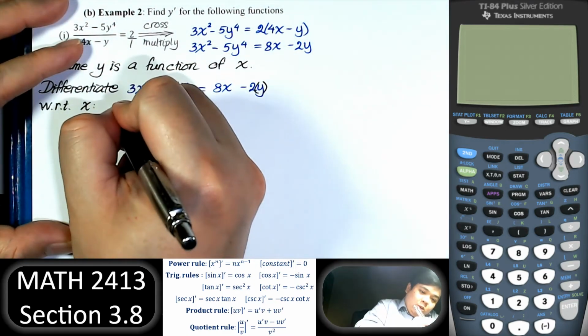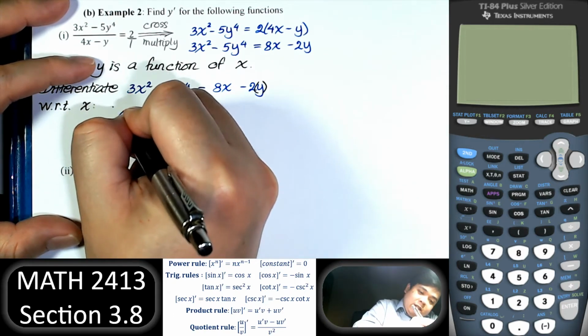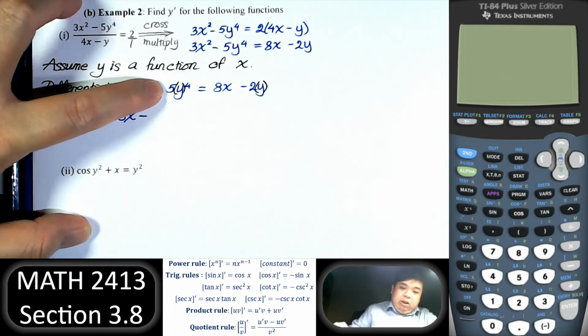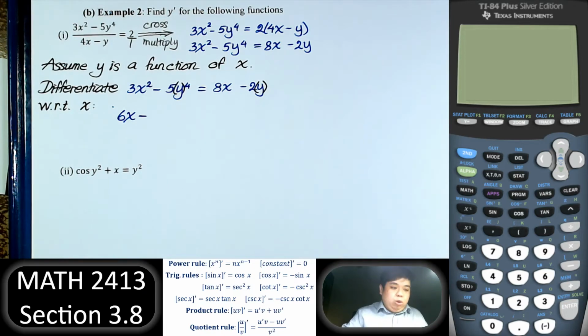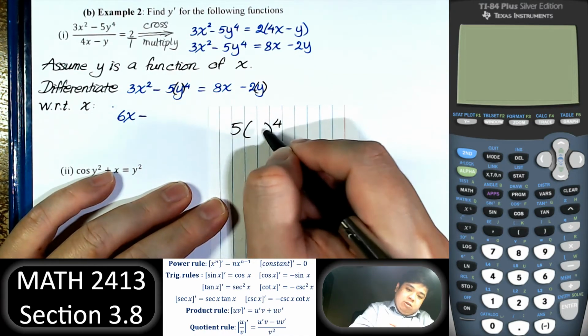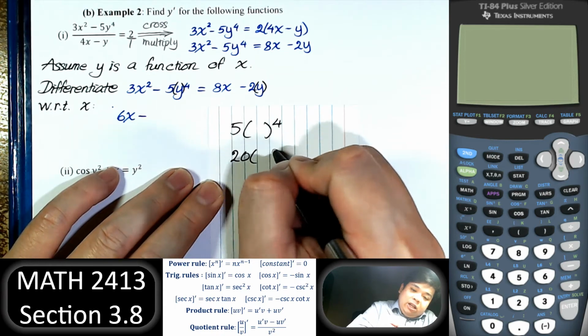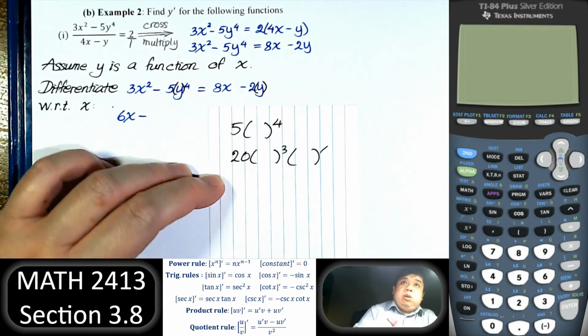So we have 3x squared, the derivative of 3x squared is 6x. Derivative of 5 times the parentheses to the 4th power. So 5, put something to the 4th power, it doesn't matter what's inside. Take the 4 down, make it 20 cubed, and then the derivative of the parentheses.